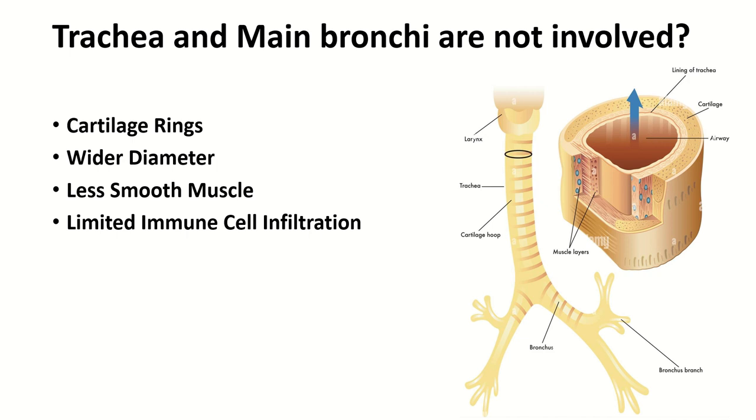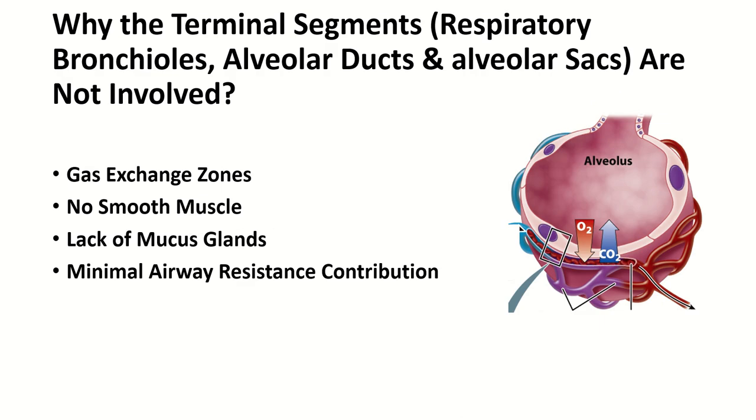Effective obstruction to airflow is not there if these airways are involved, because they have cartilaginous support, the trachea, bronchi, and all that. So always remember that bronchi and trachea are not involved because they have cartilaginous support and that provides stability. For that reason, they cannot collapse very easily, and they also have very little smooth muscle, and there is limited immune cell infiltration in these areas.